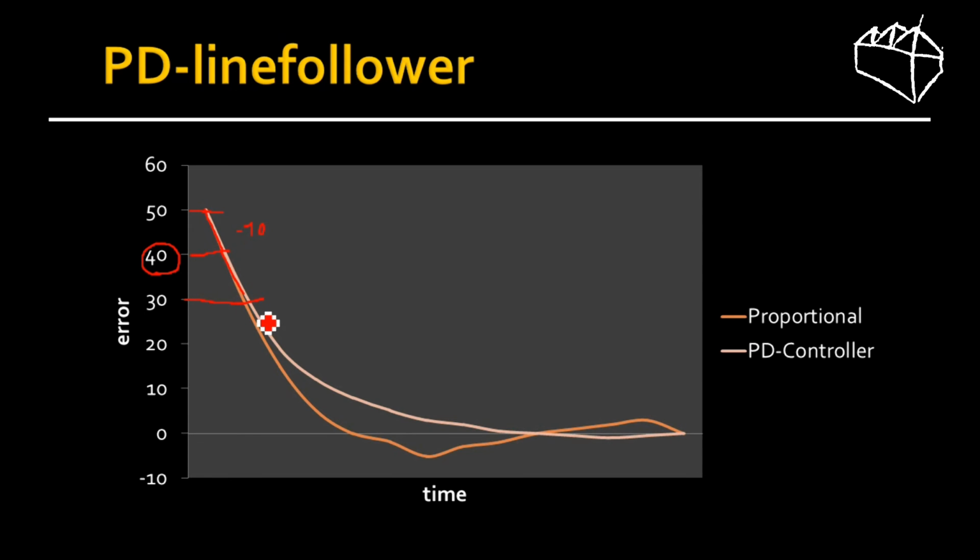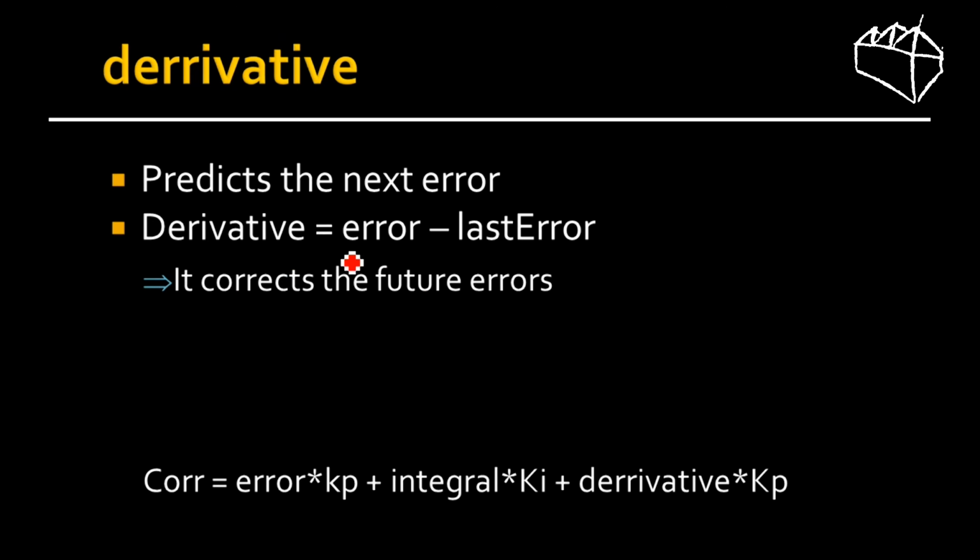So that's the equation. Derivative is the error minus the last error, and you have to add the derivative to the correction, but multiply it with a constant again. I've written this wrongly. This is the KD, constant derivative.